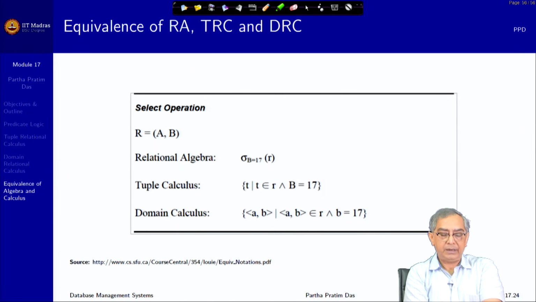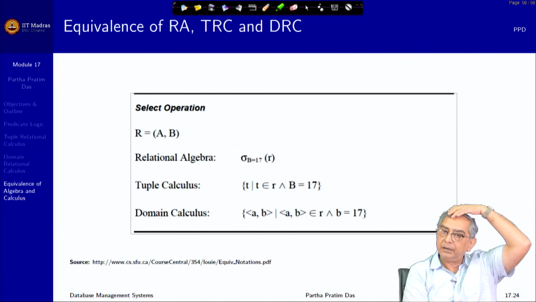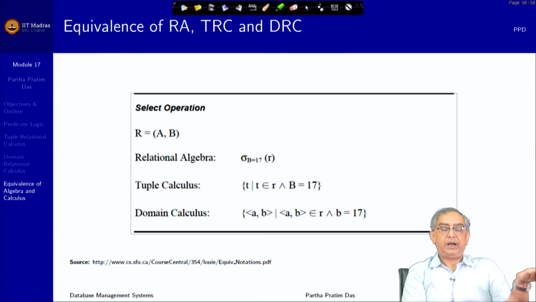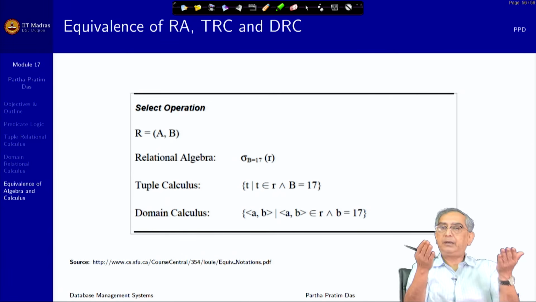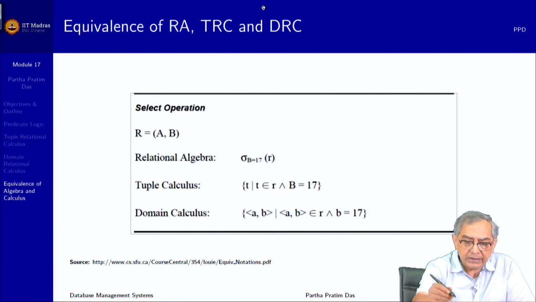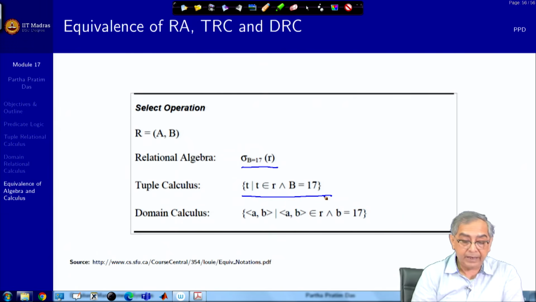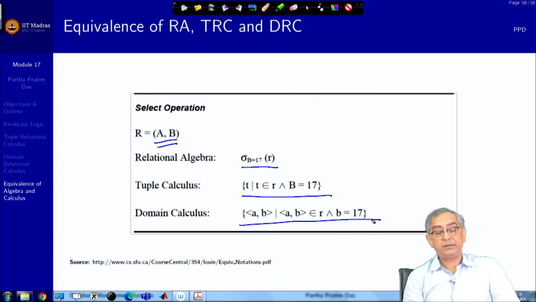Similarly, for every tuple calculus predicate, that is conjunction, disjunction, negation, quantification, if you can show what is the equivalent in the relational algebra, then you will know that both of them are equivalent. So, just showing you an example here, this is a selection operator, B equal to 17 on R. We know that in tuple calculus it can be written like this, and if the relation has two attributes, in domain calculus, it can be written like this.